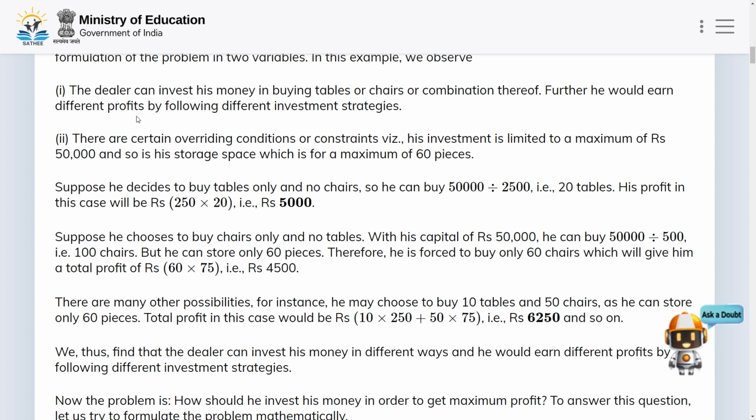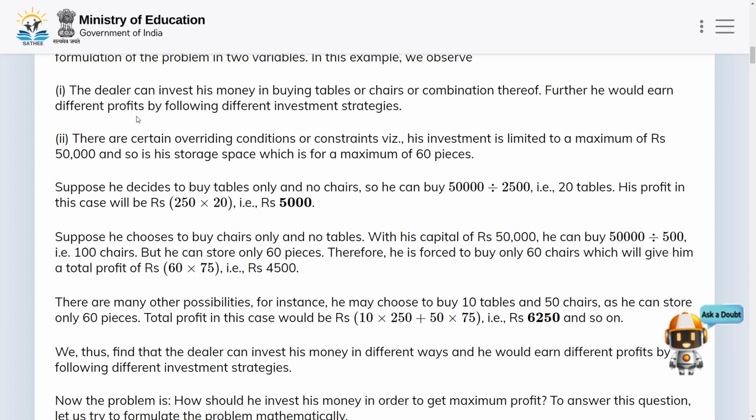Further, he would earn different profits by using different investment strategies. There are certain overriding conditions or constraints. His investment is limited to a maximum of rupees 50,000, and so is his storage space, which is for a maximum of 60 pieces.